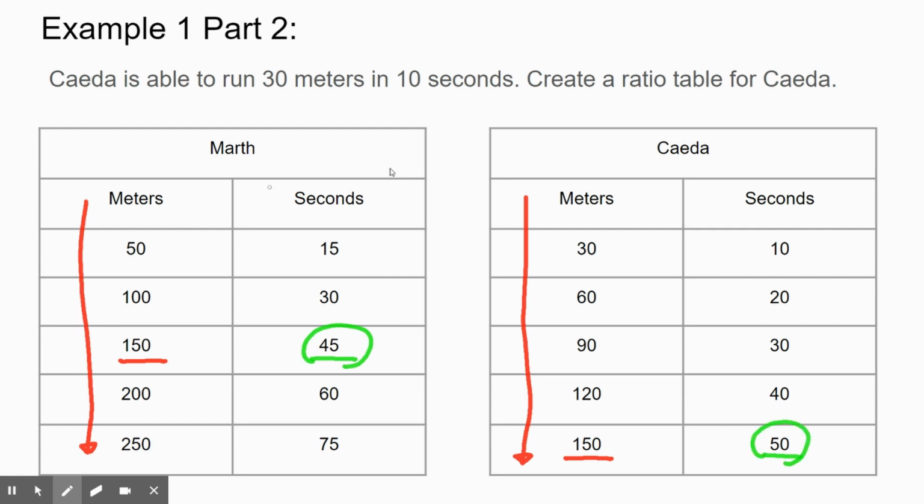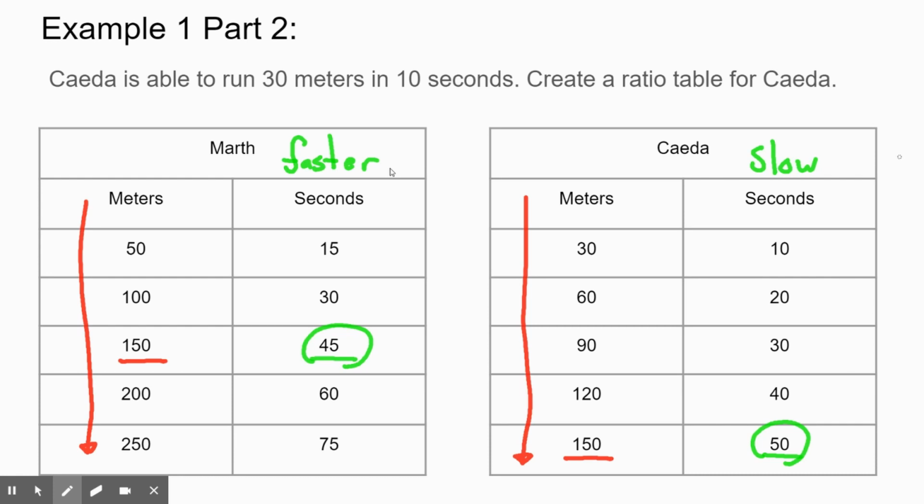So that must mean that since Marth ran the same distance in 5 fewer seconds, Marth must be faster than Sita. Okay? So that's all that you need to do. You just need to make 2 ratio tables, look for numbers that are similar, in common, and then compare them.